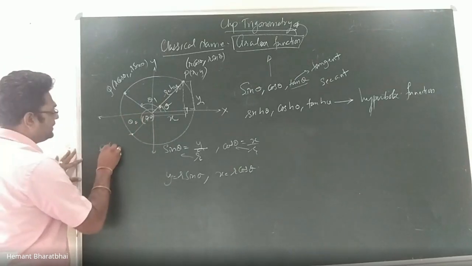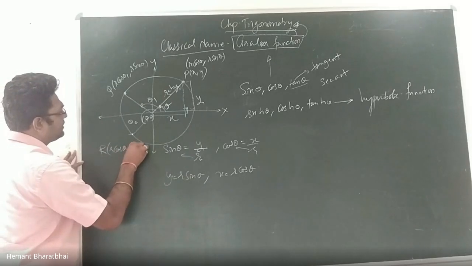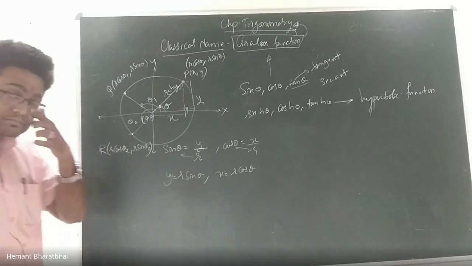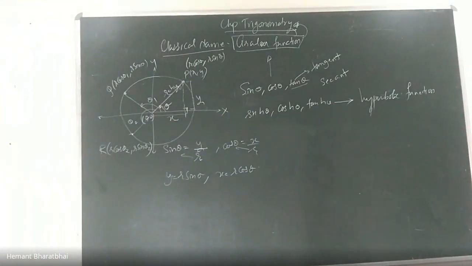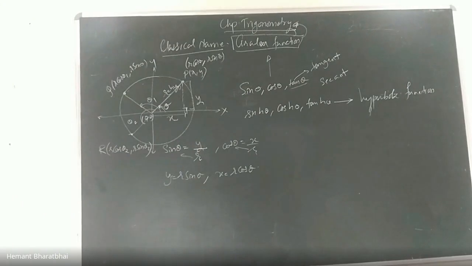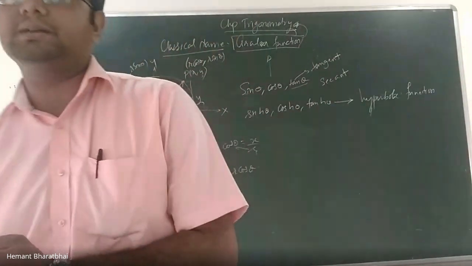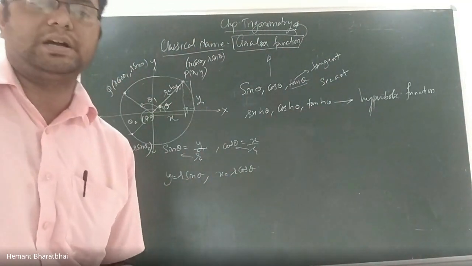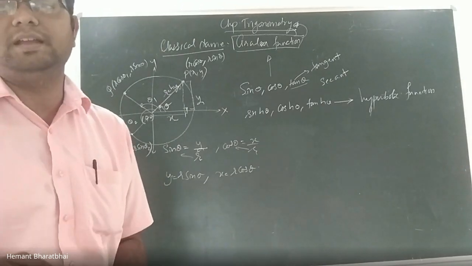So I can write it as (r cos theta 2, r sin theta 2). It is a circle, but I am writing each and every point lying on the circle, instead of x and y, as r cos theta, r sin theta. So instead of the Cartesian coordinates (x, y), I am able to write it using sin theta and cos theta.